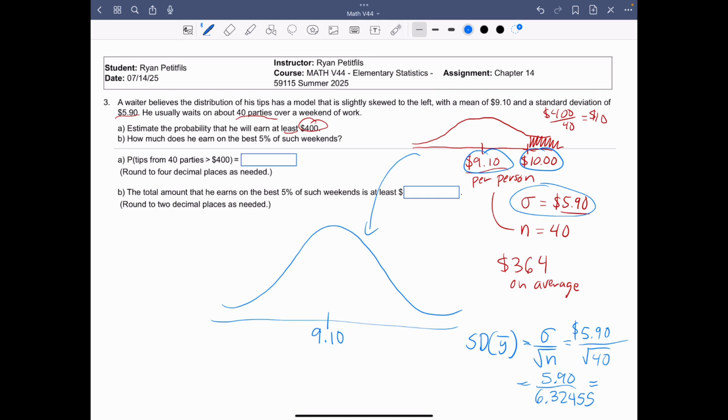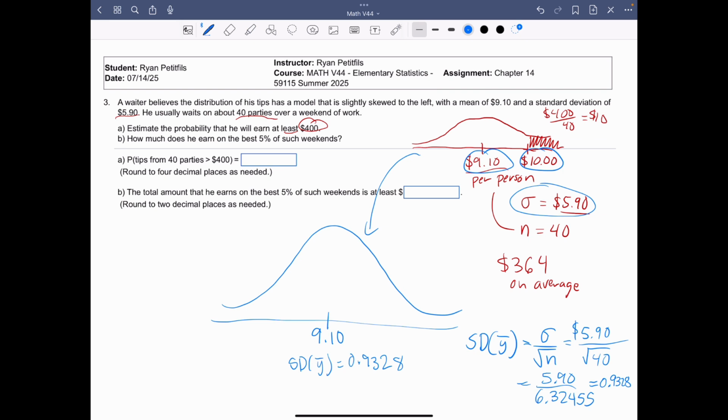And what does it say? Round to 4 decimals. So we'll keep it 0.9328. That's for the standard deviation. We're not done yet. So here we have the standard deviation of y bar is 0.9328. All right, so we'll punch those numbers into StatCrunch.